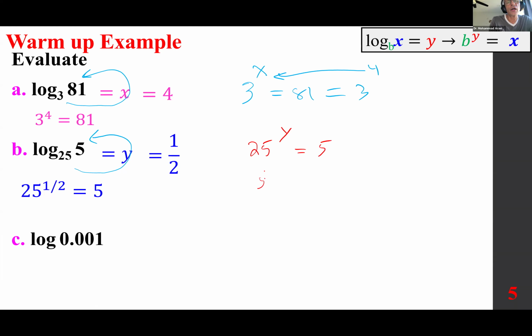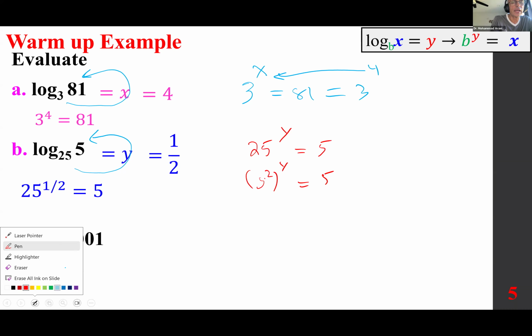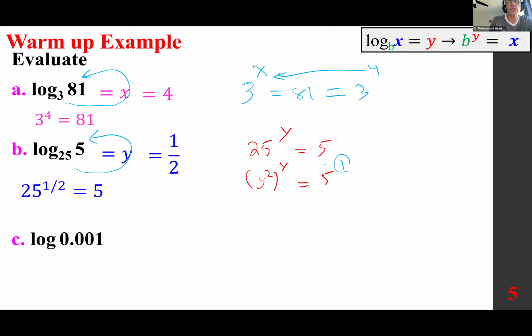We know 25 is 5 squared, my apologies. And on the right side, when we have no exponent, the exponent is 1. So the left side is 5 to the power of 2y, 5 to the power of 1, 2y is 1, and y is 1/2. This is in case you want to go through it from A to Z.